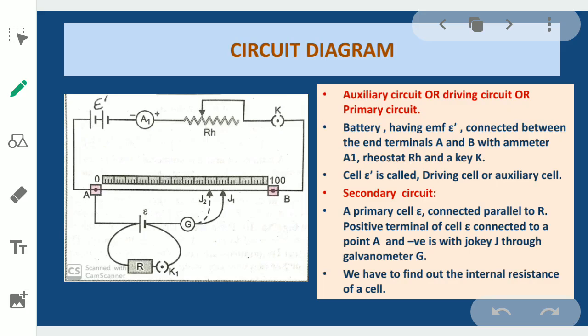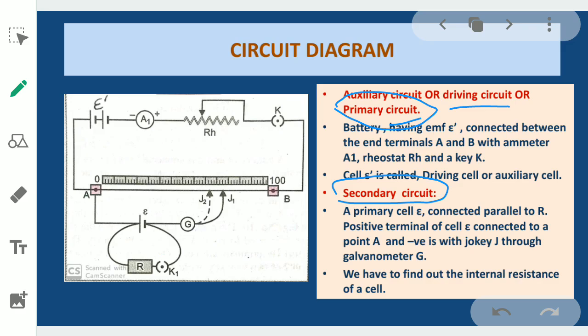So let us see the circuit diagram of potentiometer used for determination of the internal resistance of a cell. There are two important circuits. One is the primary circuit, or auxiliary circuit, or driving circuit, we can say. And the second one is the secondary circuit.